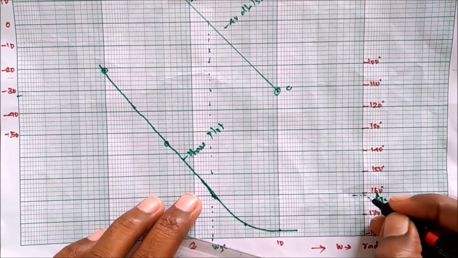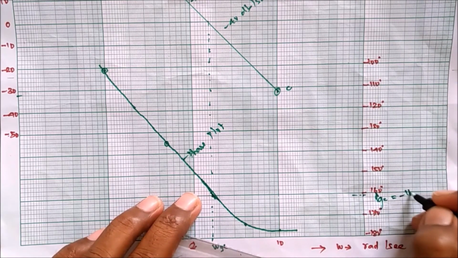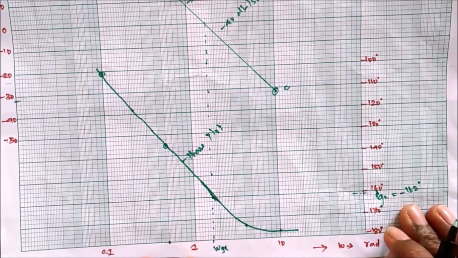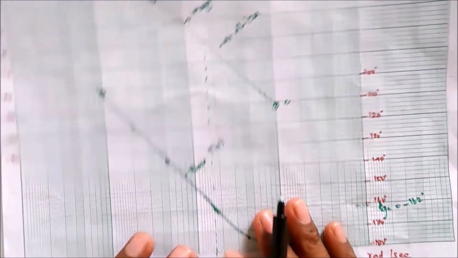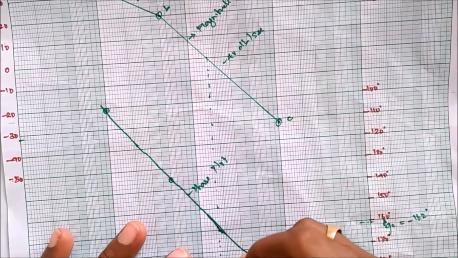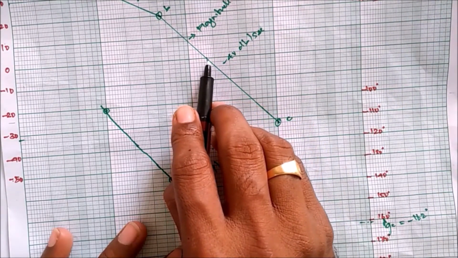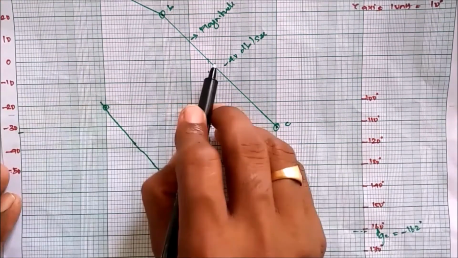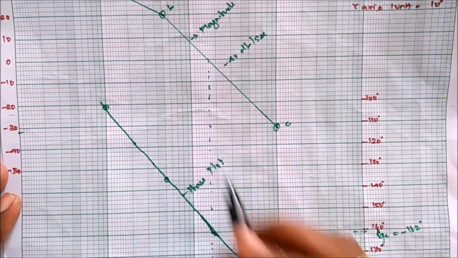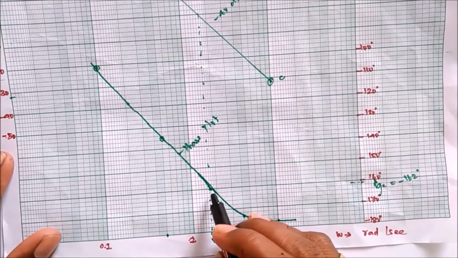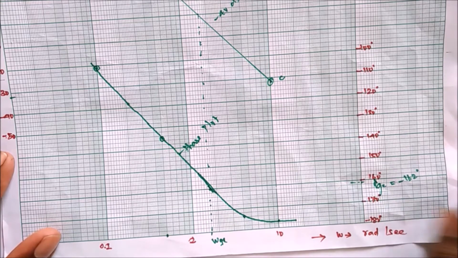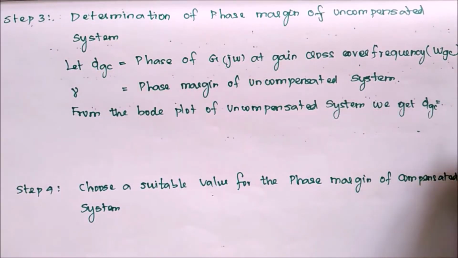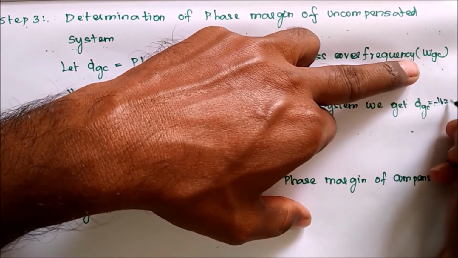This is 160, this is 170, and this point is minus 162 degree. Phi gc means the angle at the gain crossover frequency: the frequency at which the magnitude plot cuts 0, and the phase plot at that frequency gives one angle, that angle is phi gc. Therefore phi gc equals minus 162 degree.